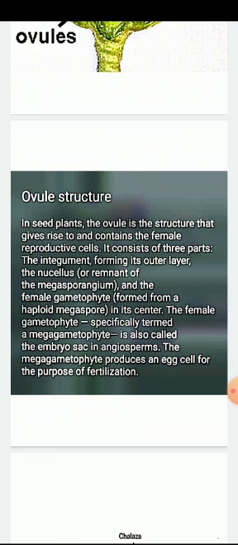In this center, the female gametophyte, specifically termed a megagametophyte, is also called the embryo sac in angiosperms. The megagametophyte produces an egg cell for the purpose of fertilization.